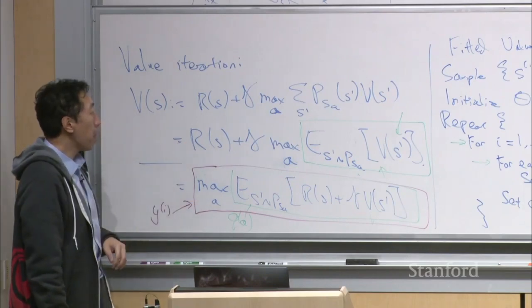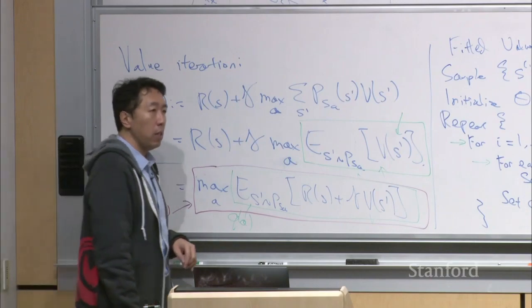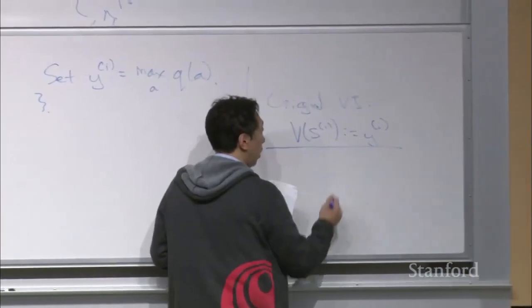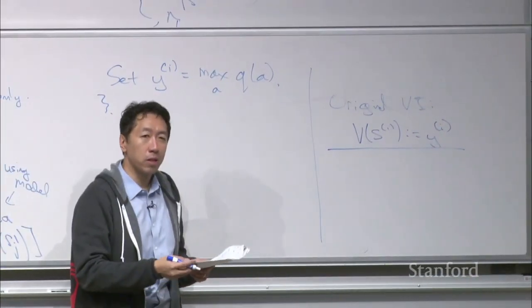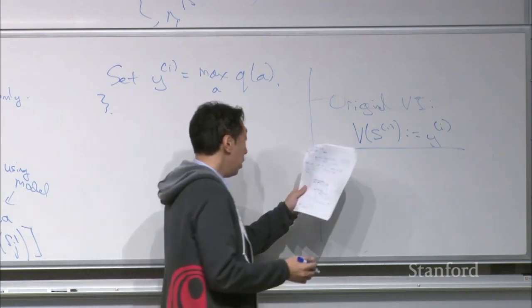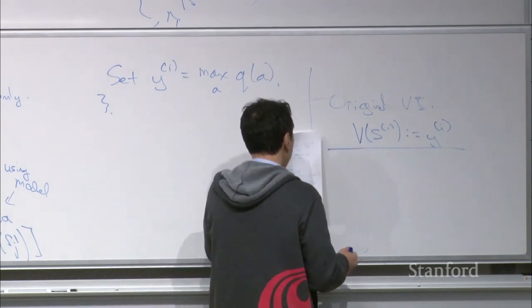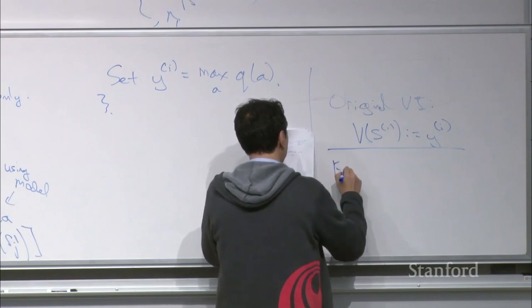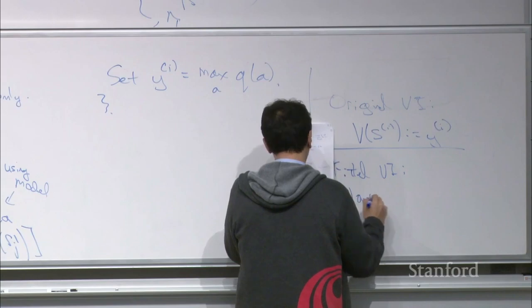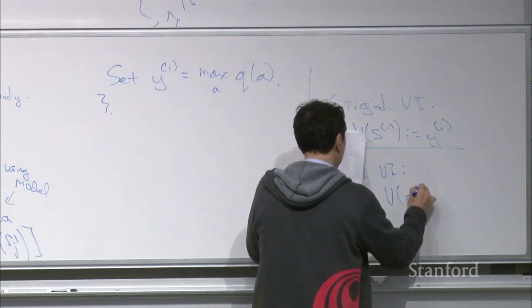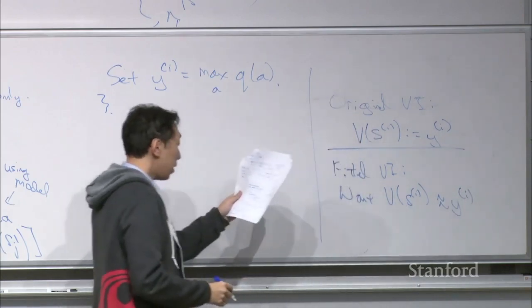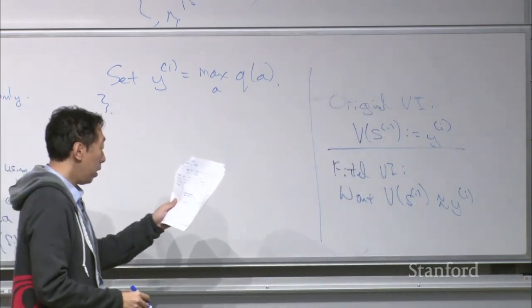But in fitted value iteration, V of S is now approximated via a linear function, so you can't just go into a linear function and set the value of points individually. So what we're going to do instead in fitted VI is use linear regression to make V of Si as close as possible to yi.